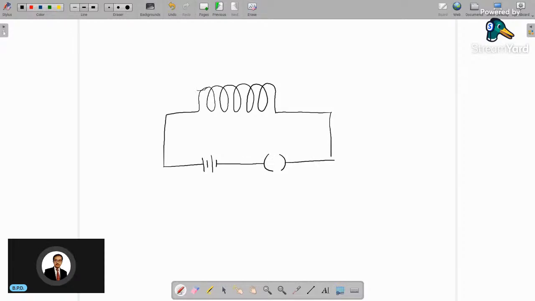For simplicity, I am not putting any kind of resistance. So this is the key, this is the supply, this is plus, this is minus. Okay, so current is flowing starting from this direction. It is going through this, and this, and this and this.